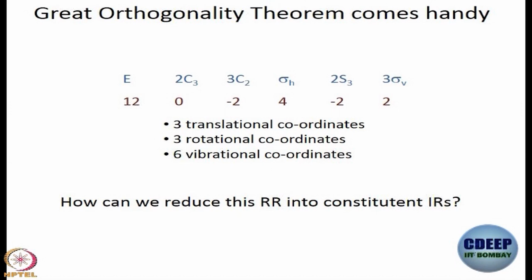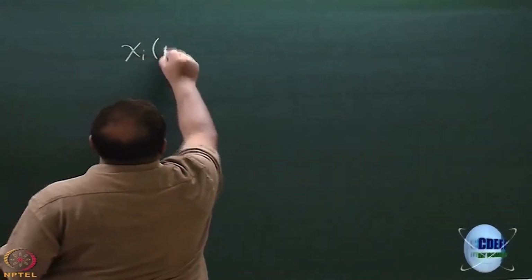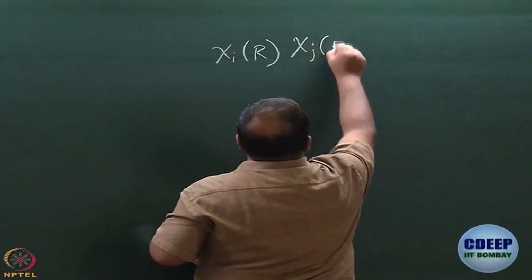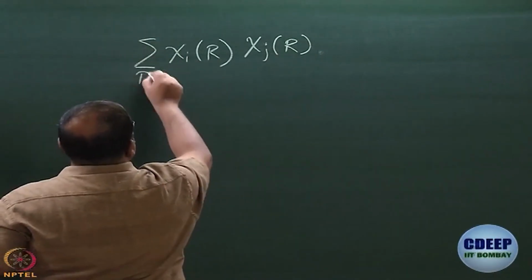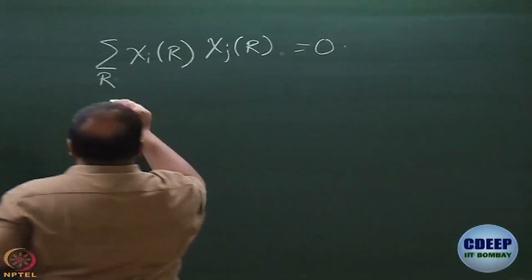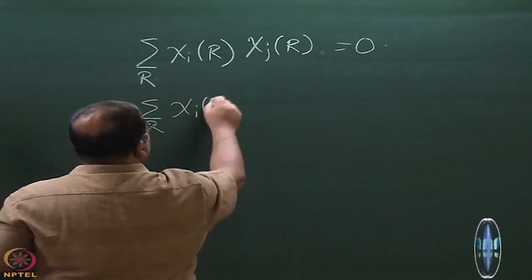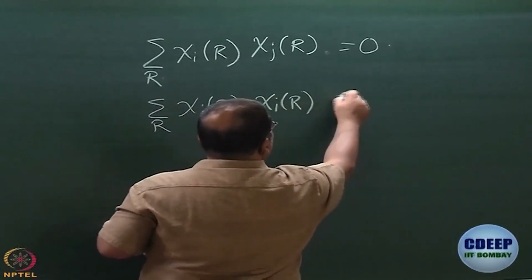So, from there we had written some 5 rules, one of which was: chi i of R, chi j of R, if you multiply them and sum over all R, then you get 0, and if you sum chi i of R multiplied by chi i of R, then what do you get?